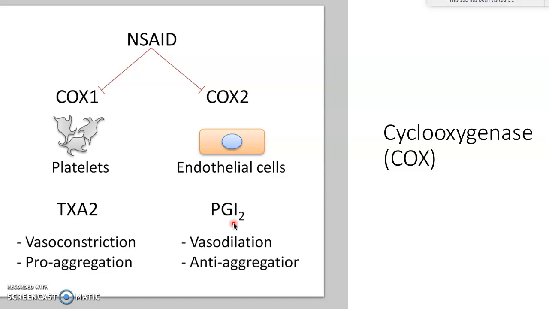So if you have a patient that's suffering from, say, rheumatoid arthritis, then you would definitely want to block the COX-2 side, but still be aware that you're messing up this balance a little bit. And that's what happened with Vioxx, is that people started having increased heart attacks and strokes because this balance was off, where the prostacyclin was blocked and the thromboxane A2 wasn't. So you had more platelet aggregation than you would want.